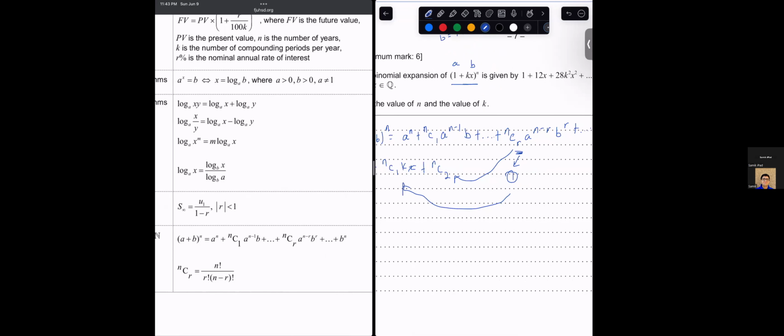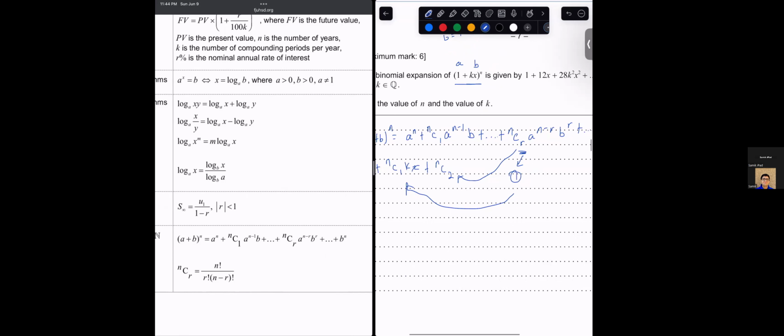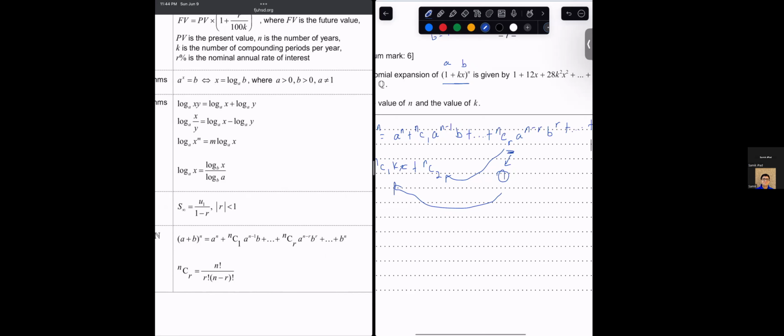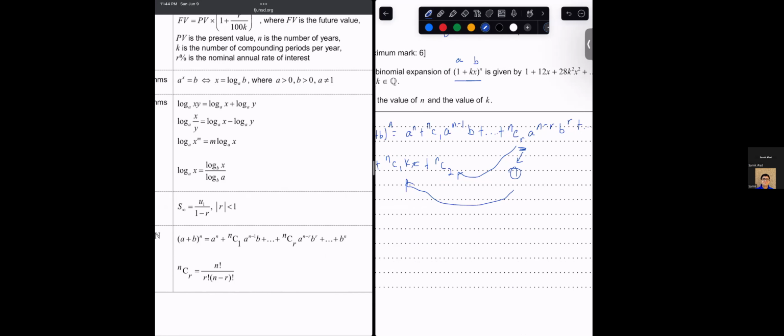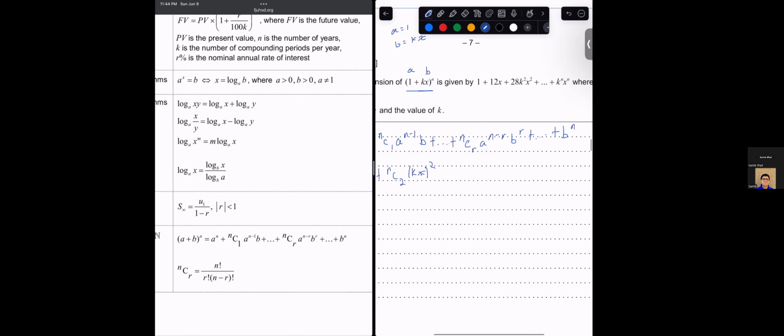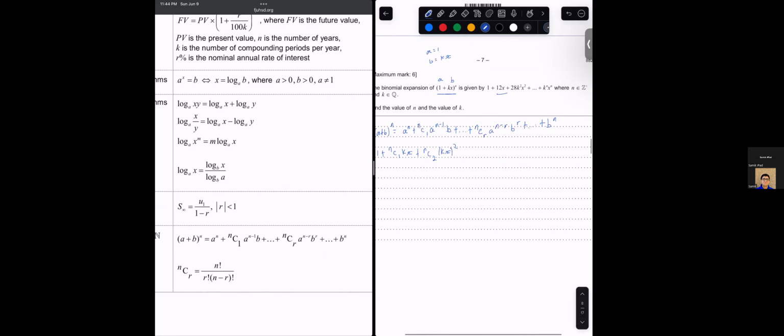Anything raised to 1 is 1, so it doesn't really matter, but b raised to r is the one which is changing. So now we have kx raised to 2. That's the only thing that changes here. And what we are given in the question is only 12x and 28k squared x squared, which is essentially what we've written.